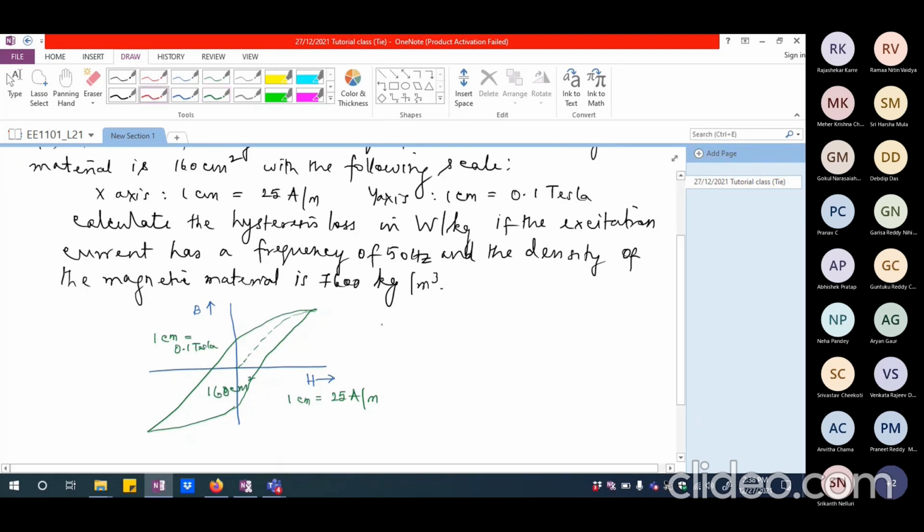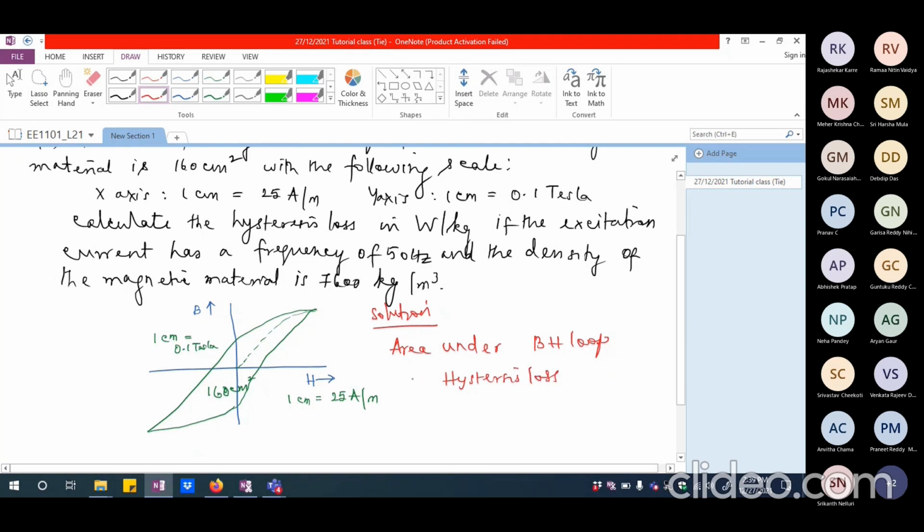And in the last class, we said that the area under the BH loop represents the hysteresis loss. That is the loss incurred in the material due to aligning and realigning the magnetic moments.